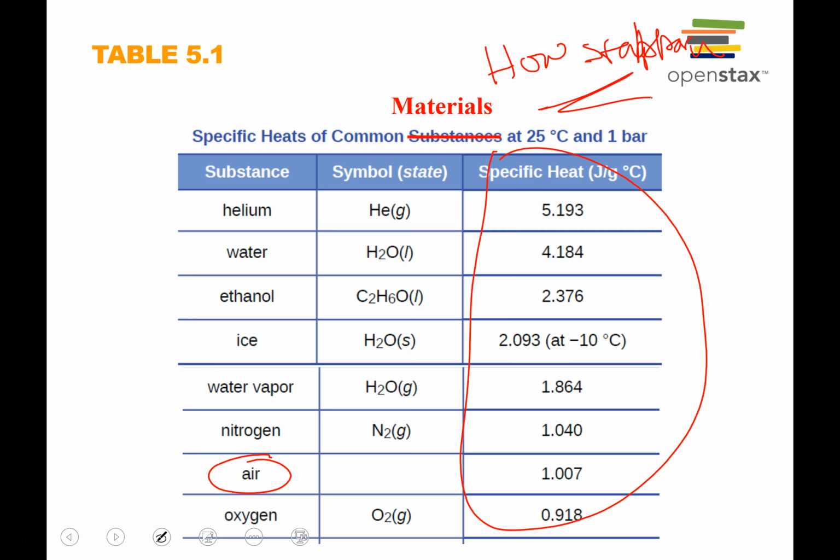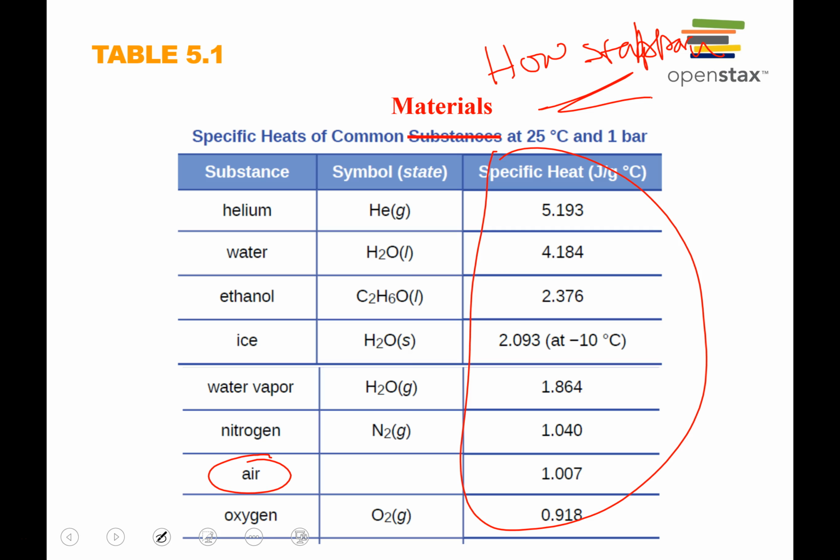In other words, these are units of energy per gram for raising the temperature 1 degree Celsius. So does this make sense? Can you see where helium is pretty darn stubborn? It takes over 5 joules to raise 1 gram of helium up 1 degree Celsius.